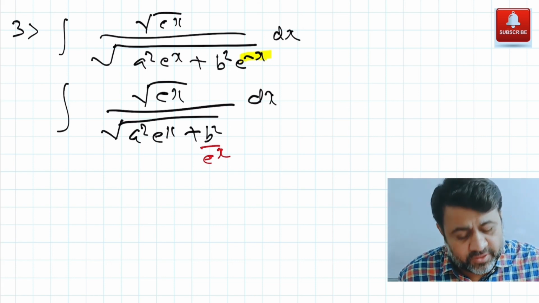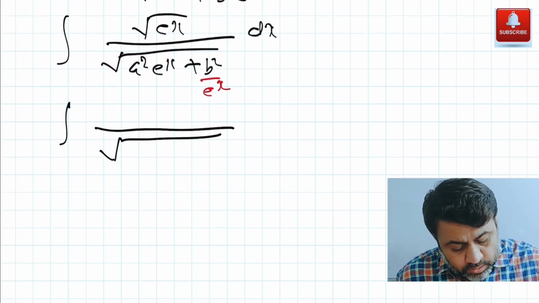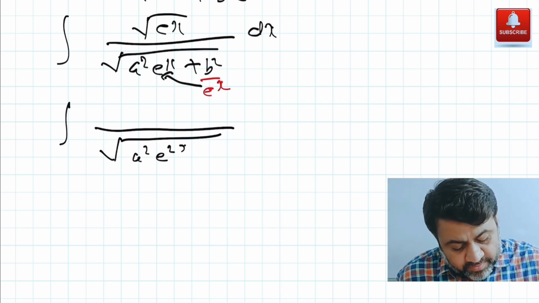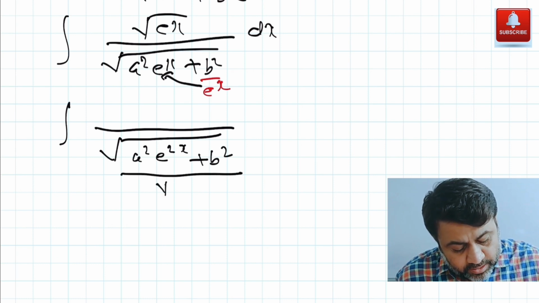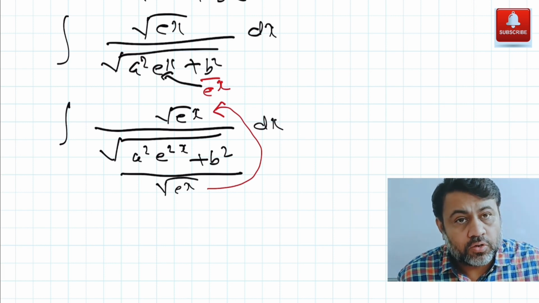थोड़ा simplify कर लेते हैं इसको, थोड़ा simplification in the beginning होगा यहाँ पर. So e power x and e power x, if I multiply I get a square e power 2x plus b square. Now everything divided by under root e power x we have, right? And this under root e power x. Next step, I'll just multiply this e power x in the numerator.